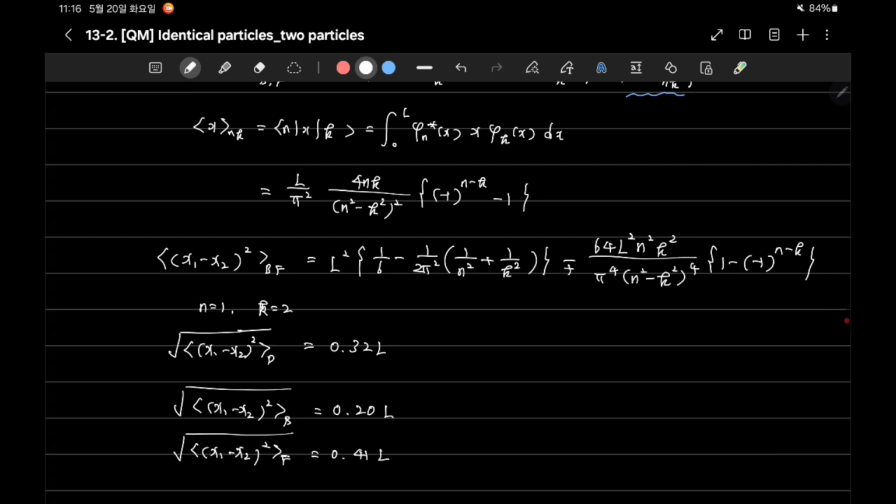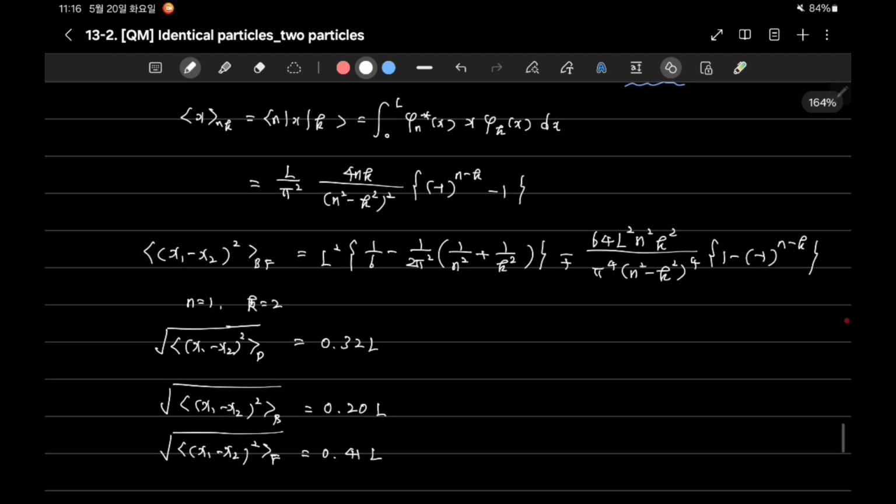Then it means that for distinguishable particles, the probability is proportional to the probability, and also here the fermion case. It is not probability but the dispersion, the expected interparticle spacing.